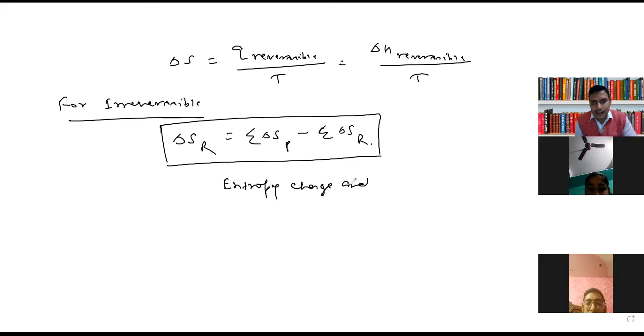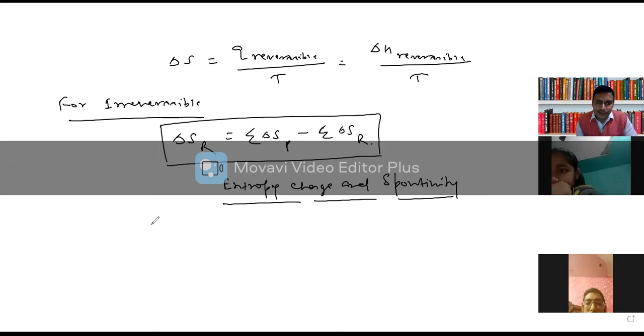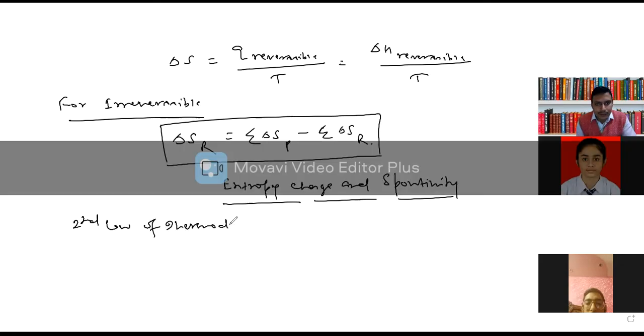Entropy change and spontaneity. क्या मतलब हुआ इसका? कि how we can identify the process is spontaneous or non-spontaneous by applying the value of the entropy, right? So for that we have to understand about the second law of thermodynamics. This is the second law of thermodynamics.